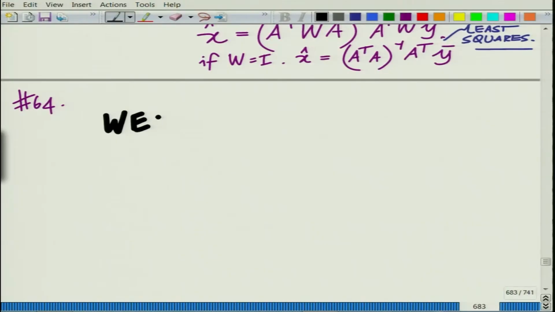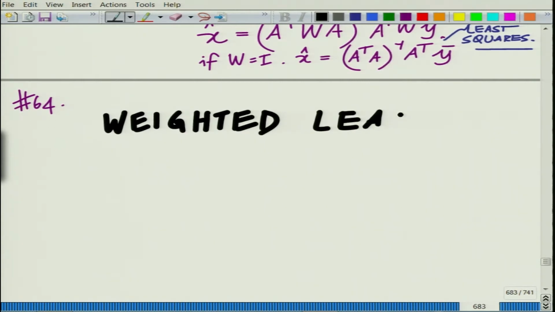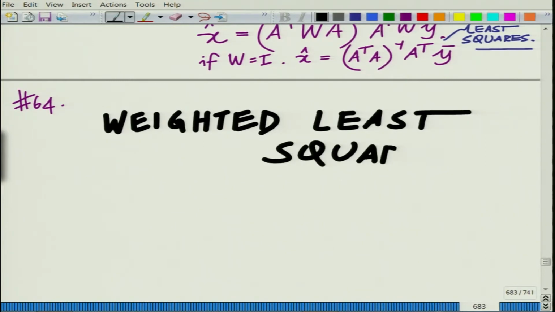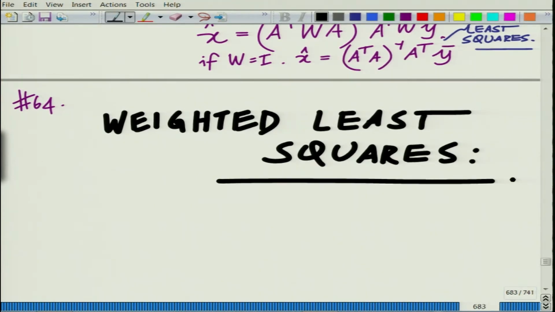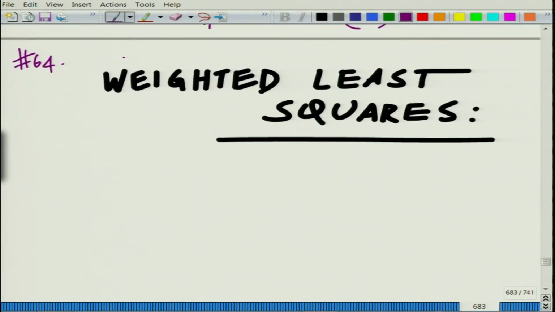So, we are looking at the concept of weighted least squares. Remember, where you have a weighting matrix. Let us continue our discussion on this paradigm of weighted least squares.